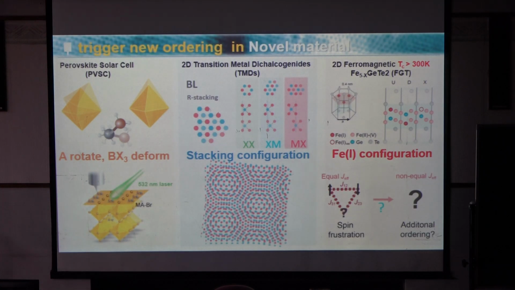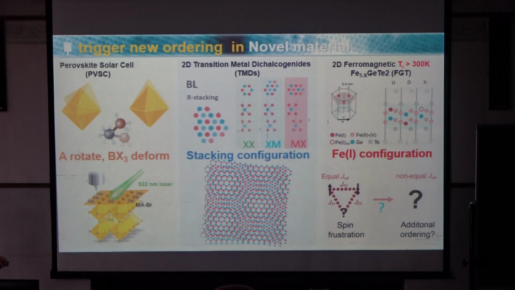So how do we induce the new ordering in this material? For perovskite, it's very easy to understand because perovskite is a solar cell, so I think shining light on the sample is okay. And it is very popular now in 2D TMD, where people have a small-angle twist between two layers, and it can form the moire pattern.